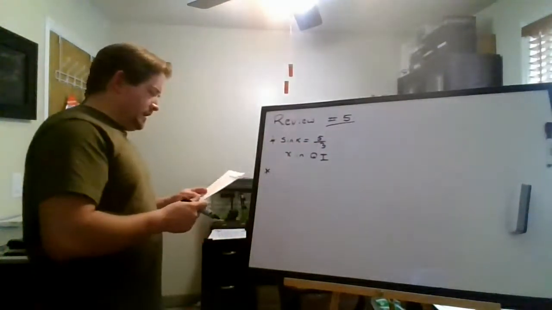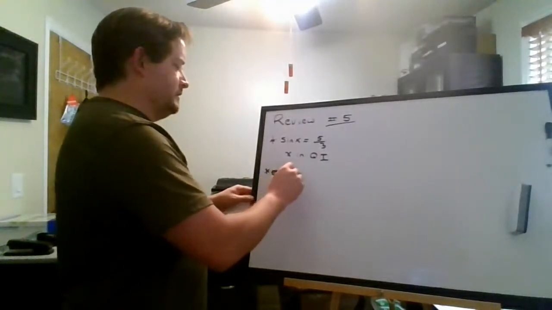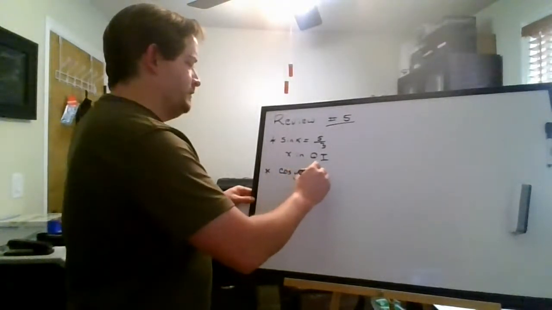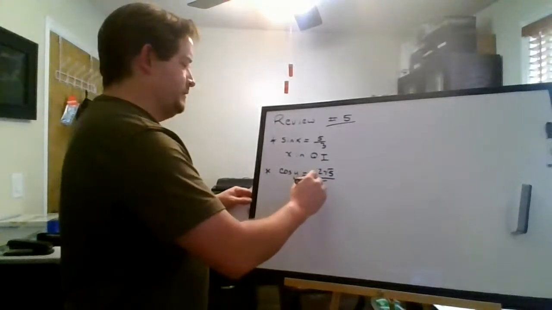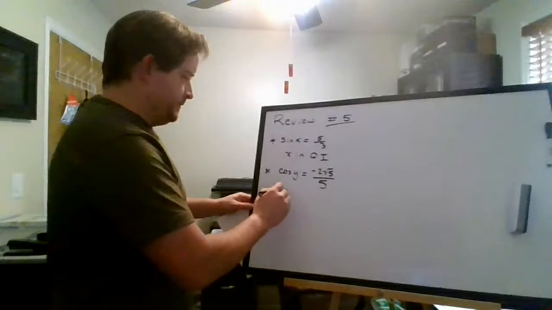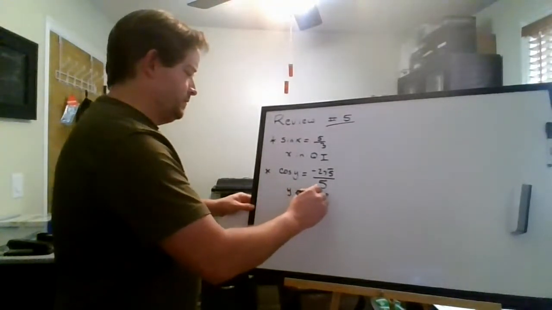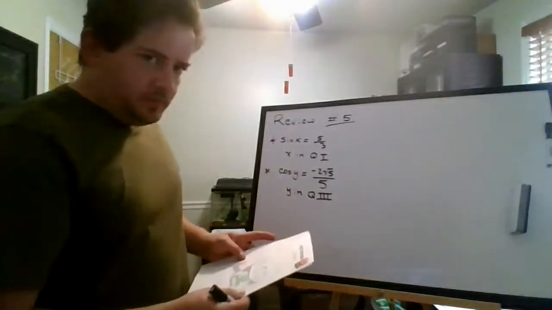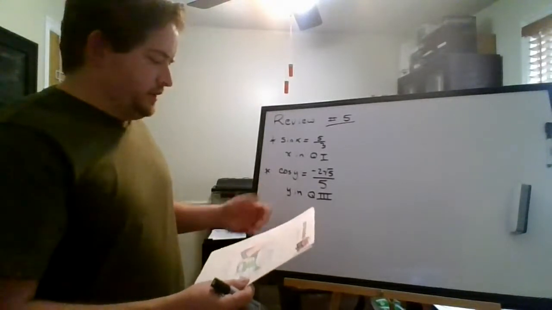We're also given that cosine of y, so a different angle, is negative 2 root 5 over 5, and y is in quadrant 3. Okay, so I have those two things, and we're asked to calculate a bunch of different things.